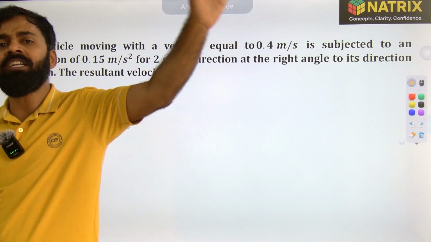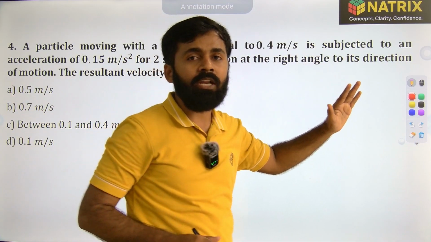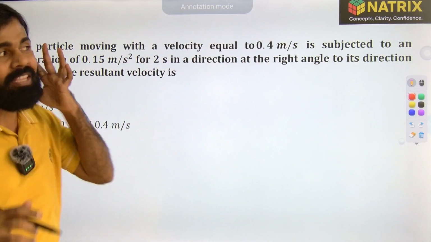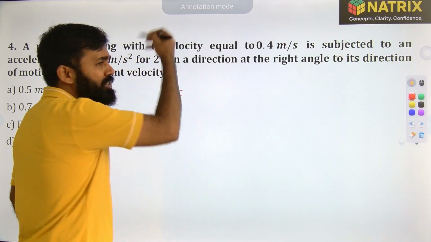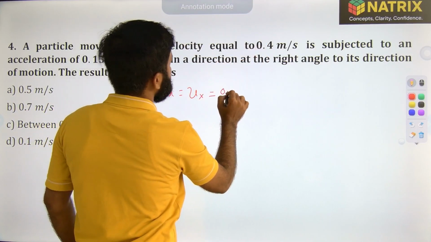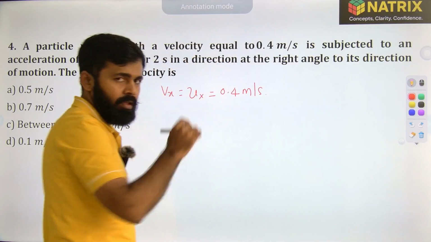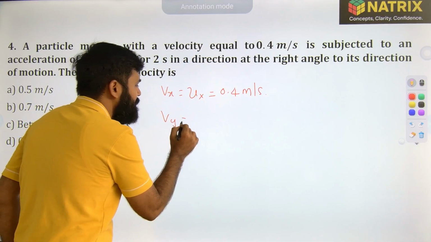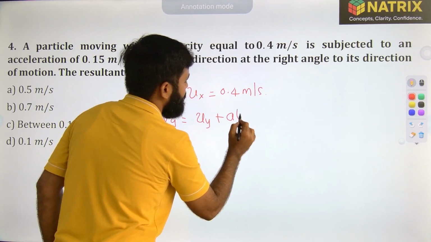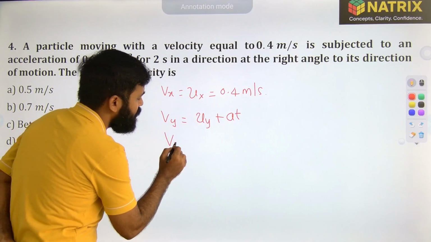That means horizontal motion is uniform velocity motion. So Vx after 2 seconds also will be equal to Ux, which is nothing but 0.4 meter per second. But Vy will be equal to Uy plus at.